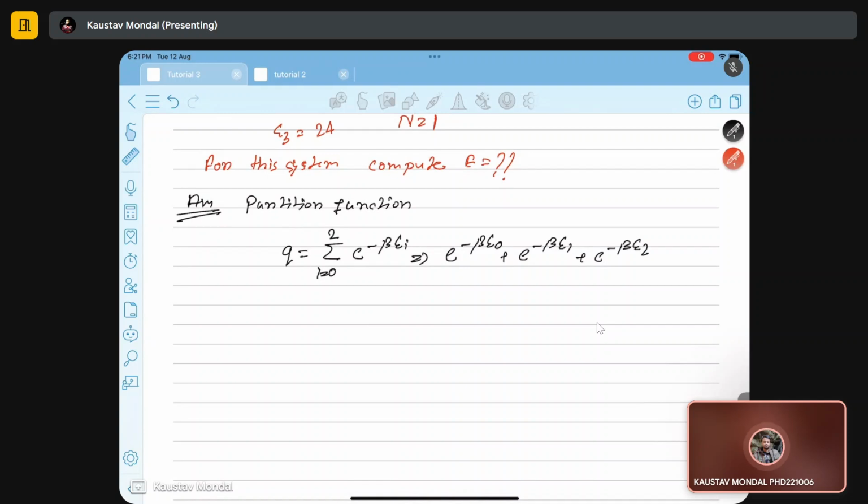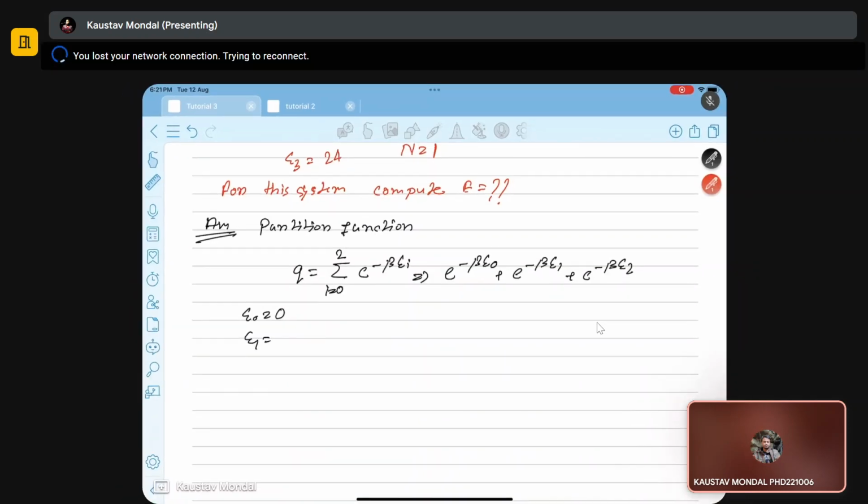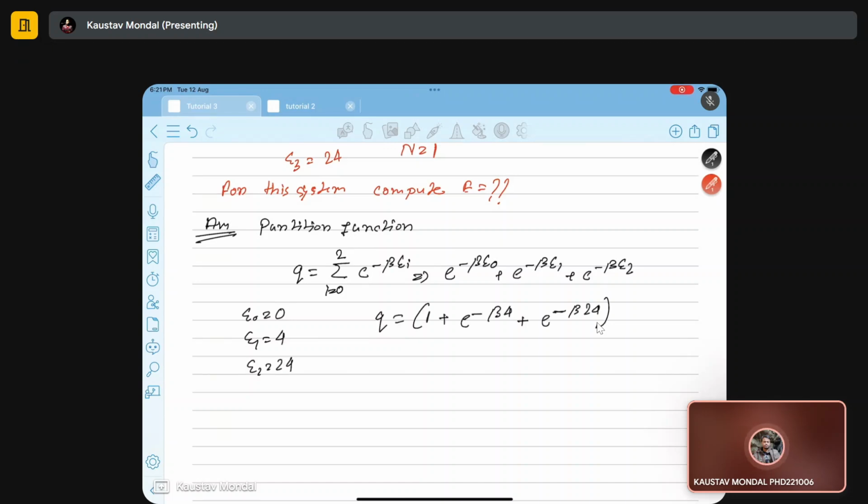Now E0 is 0, E1 is delta, and E2 is 2 delta, right? So that means q would be e to the power 0, that means 1, plus e to the power minus beta delta plus e to the power minus beta 2 delta. Okay. So this is the expression of the partition function.